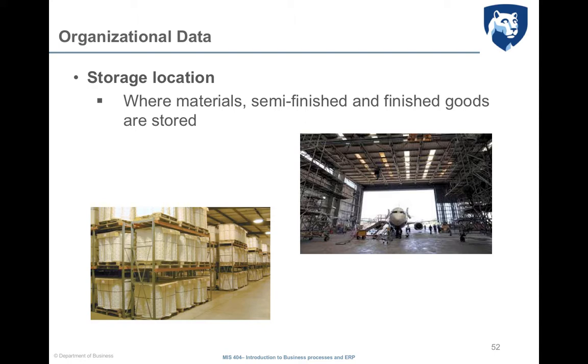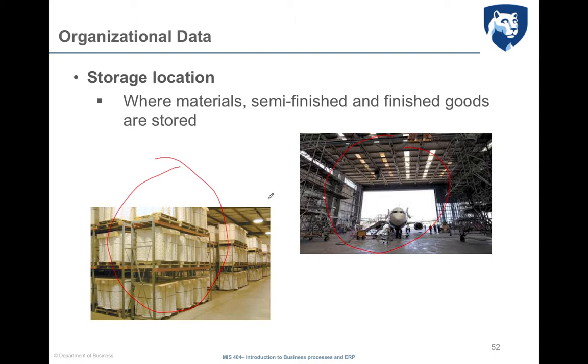Specific storage locations can include shelves, bins, cabinets, trays, and can range from small bins, like the one you see depicted here, to an entire building, depending on the size of the material being stored. For example, you can see here that the storage location for an aircraft is a hangar.